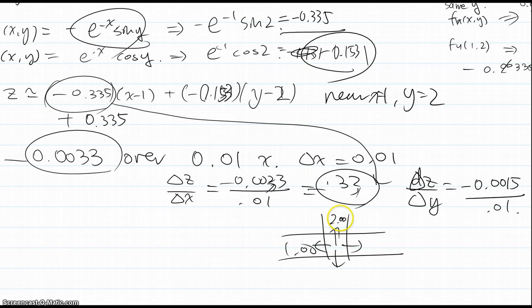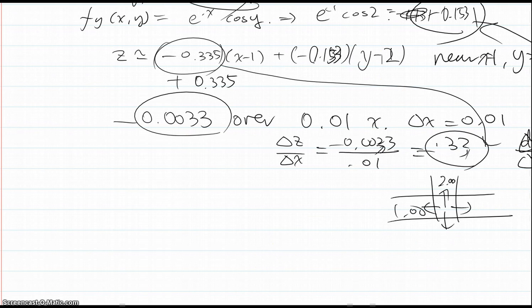Left, right, up, down, all the differences were constant as long as either x or y is constant. So this gave me negative 0.15, which almost matches negative 0.153.